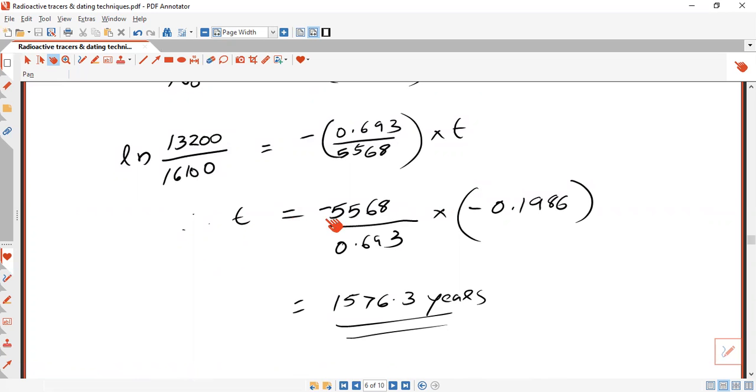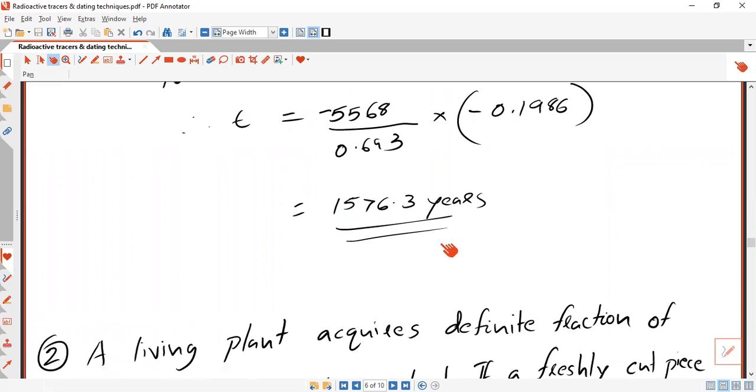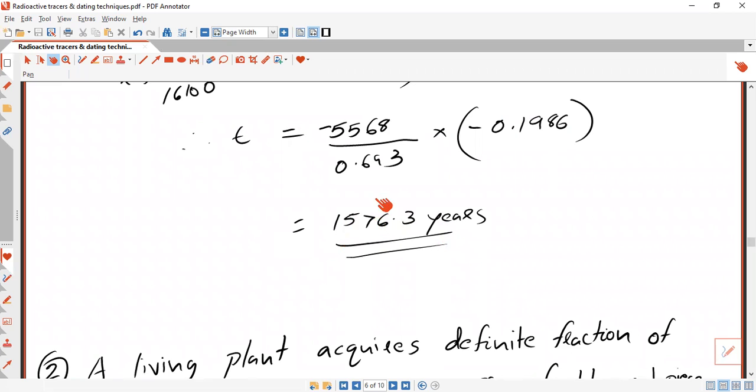So T is equal to minus 5,568 divided by 0.693 into 0.1986, which is equal to 1,576.3 years. That is the age of this particular wood.